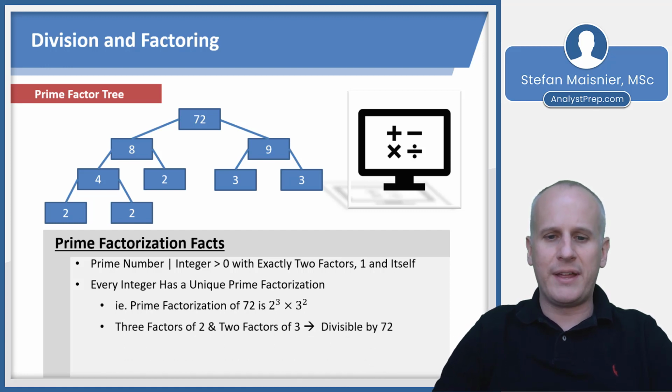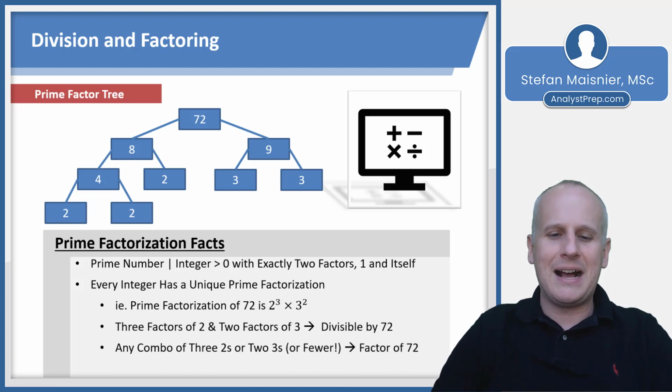So we know that the 3 factors of 2 and 2 factors of 3, as soon as you have that, the integer is divisible by 72. And if you add to those factors of 2 and factors of 3, like say that you had 4 factors of 2 and 3 factors of 3, that must be a multiple of 72. And any combination of 3 2's or 2 3's as a product or fewer, because if there's just one 2, obviously 2 itself is a factor of 72, is going to be a factor of 72 as well.